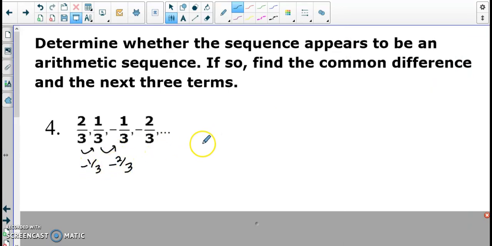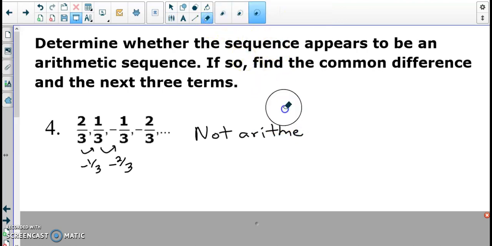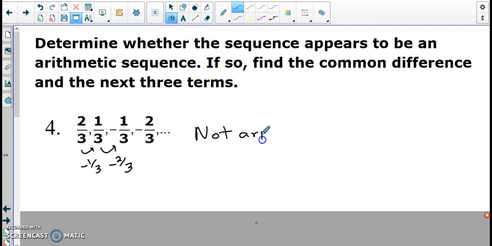Well, once I get a different number, it is not arithmetic. Oh, let me fix that. Not arithmetic. Okay, so you can figure this out either mentally or use your calculator.